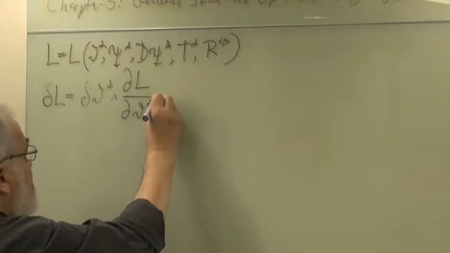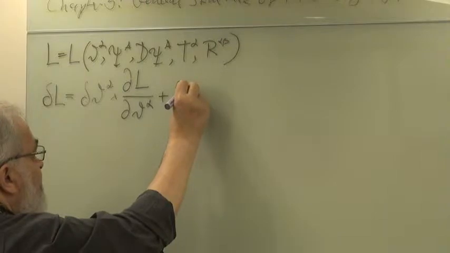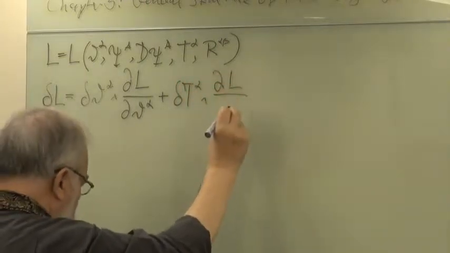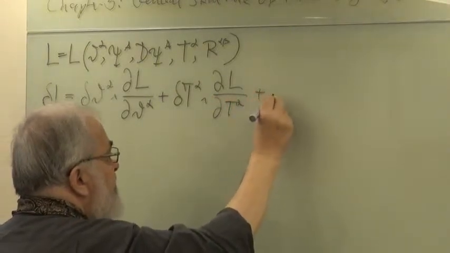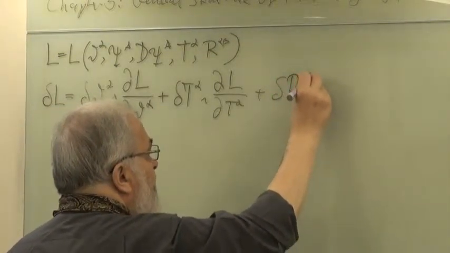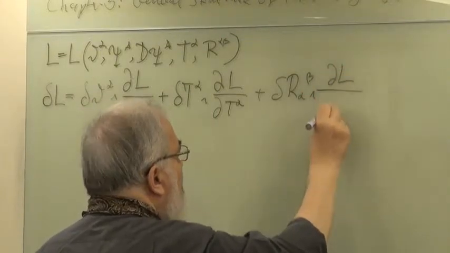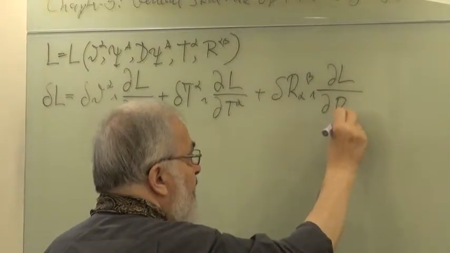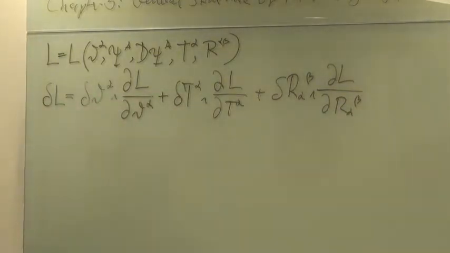And then let us first go to the geometrical things. Variation of T alpha, which partial L over partial T alpha, plus variation of R alpha beta, which partial L over partial R alpha beta. These are the geometrical pieces.